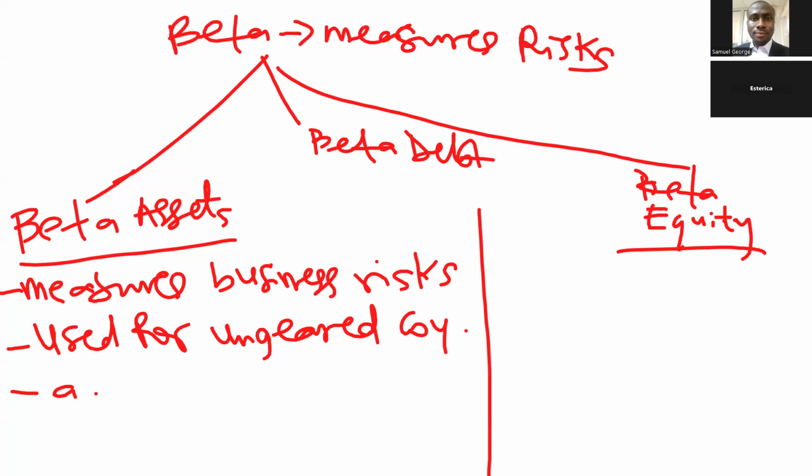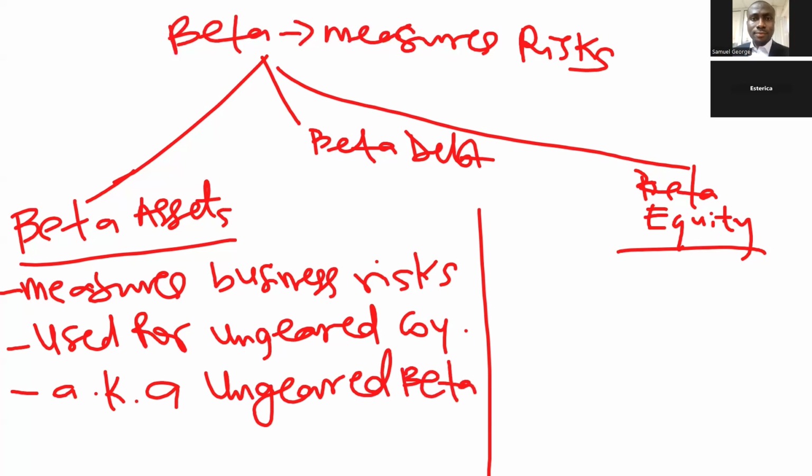It is also known as ungeared beta, just in case the examiner says calculate ungeared beta. So it measures business risk. When I was explaining cost of capital the other time, I mentioned something about business risk. So in the CAPM way, how do we measure business risk? We calculate beta assets.